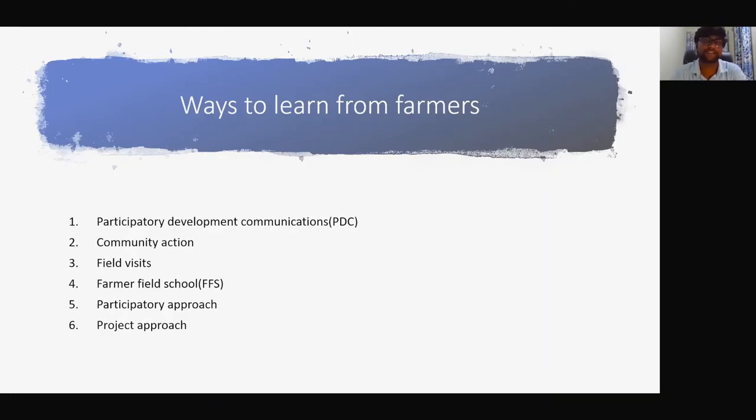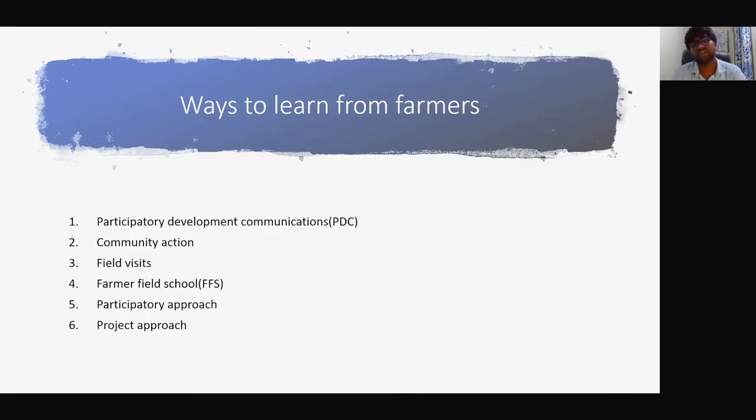Next, the community action, where if there is community action, there would be no hindrances for different projects. So we should learn community action, so that there would be no hindrances for different projects.